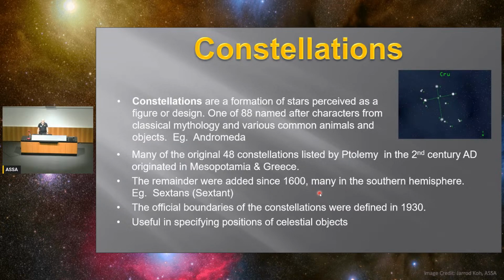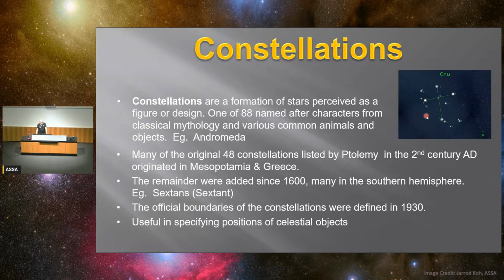Now, constellations. Constellations are a formation of stars perceived as a figure or design. There are 88 constellations, and they're named after characters from classical mythology and various common animals and objects. For example, Andromeda or Crux here, the Southern Cross.